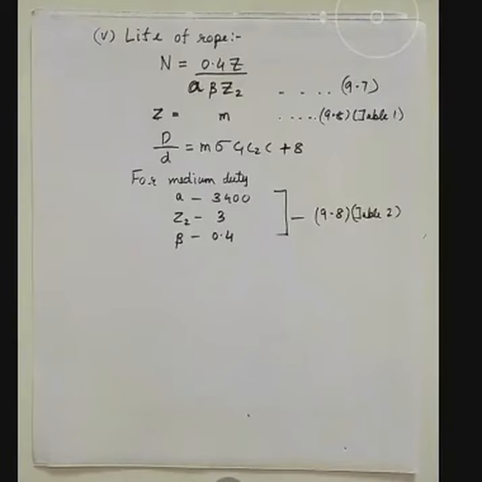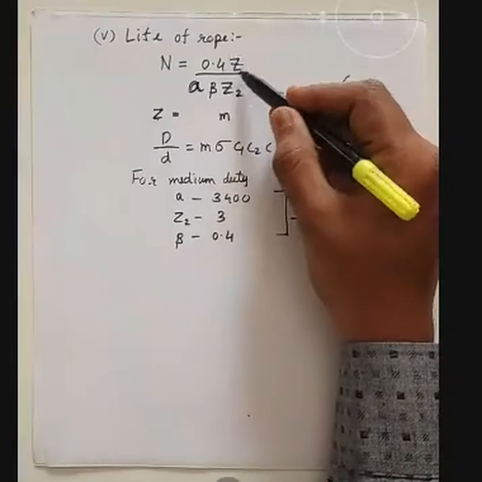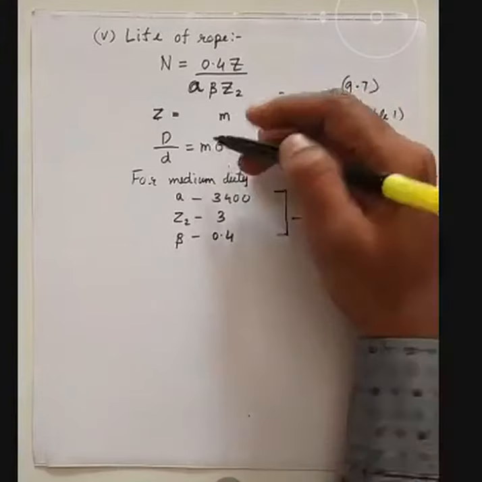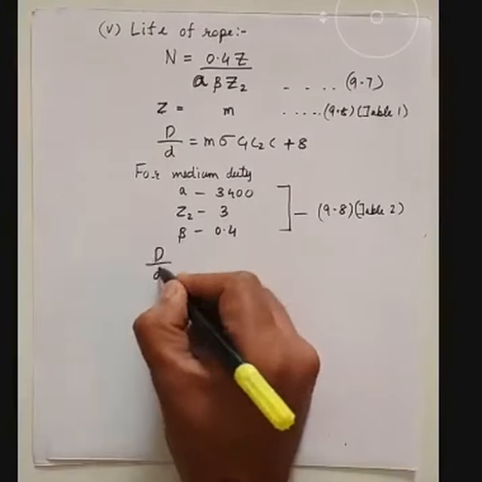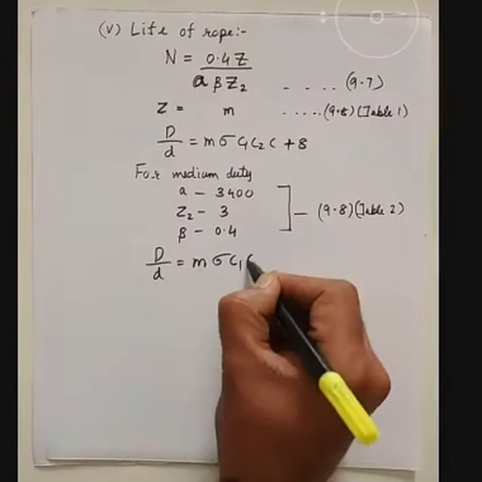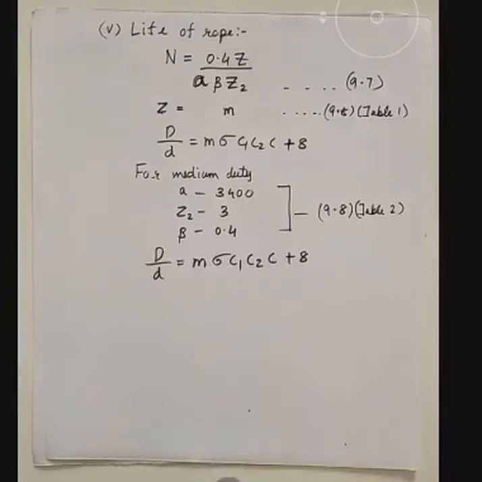No doubt, sir. Yes. So now we have A, beta, Z2. We want to get the value of Z. For the value of Z, you have to calculate M. This formula will be used to calculate M: D by d is equal to M. This is unknown. Sigma C1 C2 C plus 8. All this we can get from those pages only, 9.7 and 9.8.